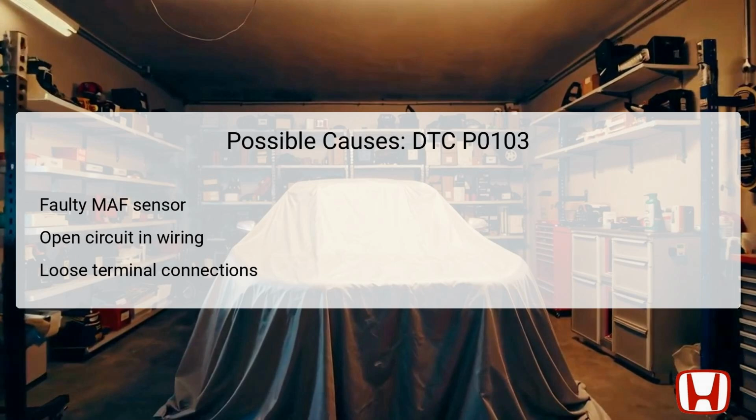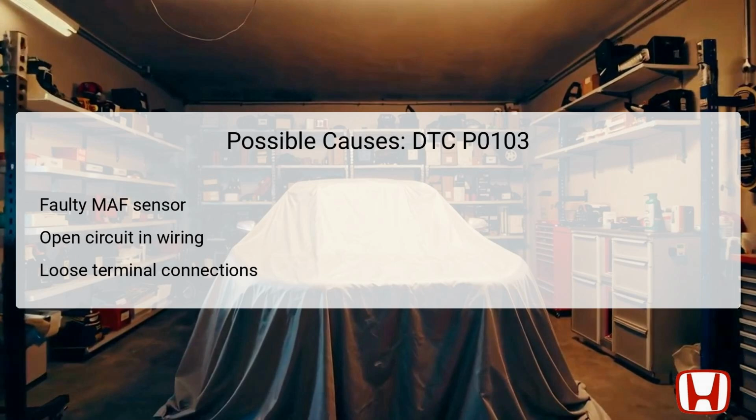Additionally, loose or corroded terminal connections at the MAF sensor or the ECM can lead to intermittent failures. It's crucial to inspect both the MAF sensor and its associated wiring thoroughly. Lastly, while less common, failure within the ECM itself can also contribute to inaccurate voltage readings, necessitating comprehensive diagnostics and testing for this possibility.